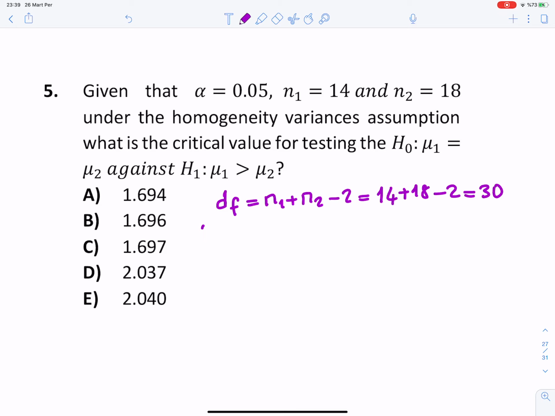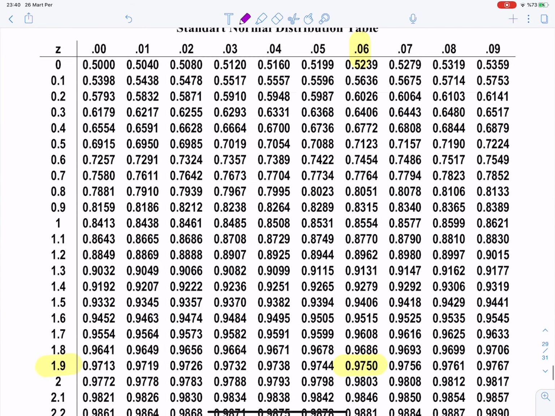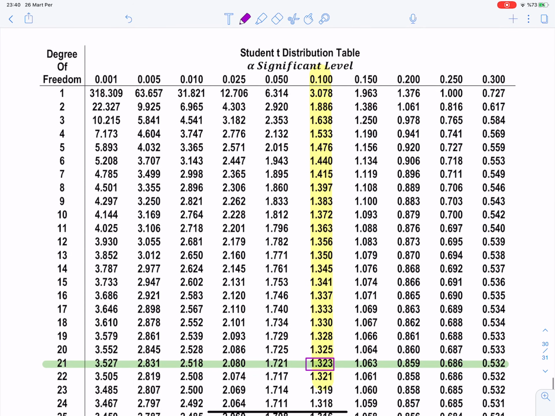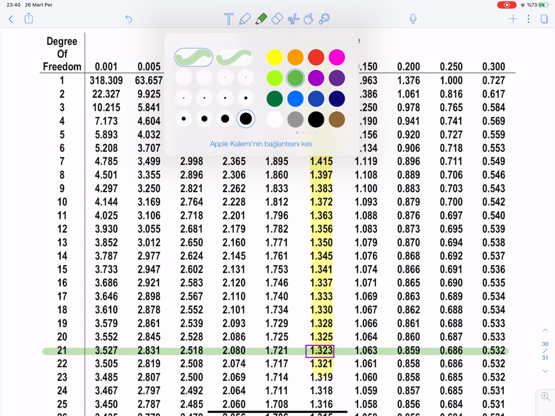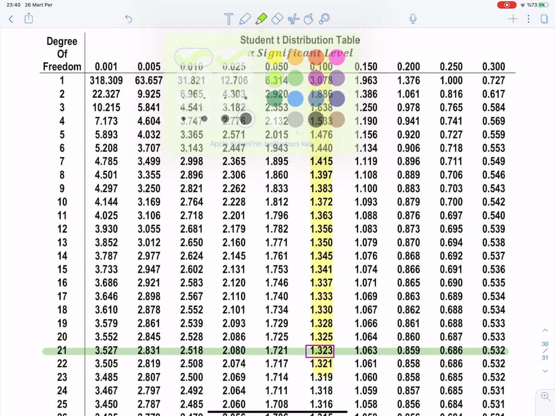And the critical value is going to be equal to t with n1 plus n2 minus 2 degrees of freedom and the alpha level. So in our case, this is t 30, 0.05. All I need is to bring this value from the t distribution table. I have the t distribution table in here. So I'm gonna pick 0.05.